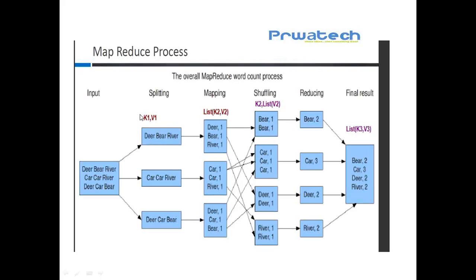Before checking this part, there's one thing called the record reader. Although we have the data as string type, right? This string data will be converted into key value format because MapReduce works on key value. So the question comes: what is responsible for converting the string data into key value? The record reader. The record reader is the component responsible for converting your data into key value.